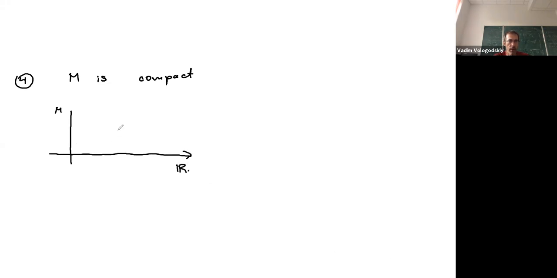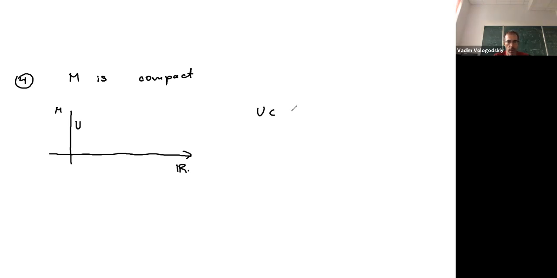And lastly, we have property 4, so M is compact, and we want to show that U is everything. Okay, so let's draw a picture. So we have M, and we have R, and we have an open subset U in the product.